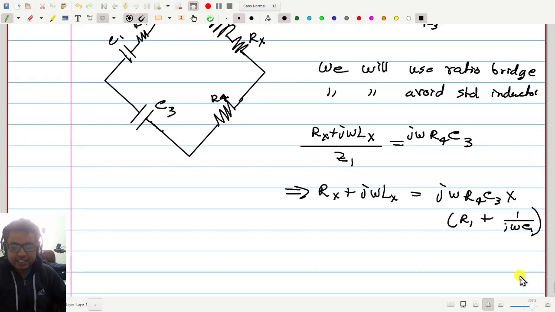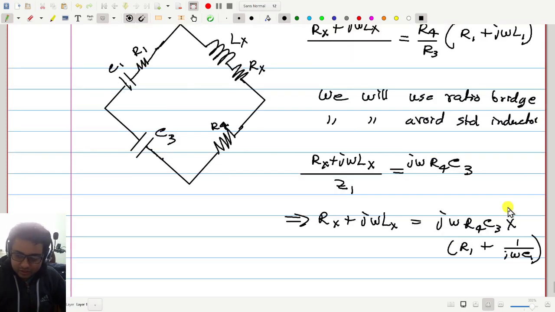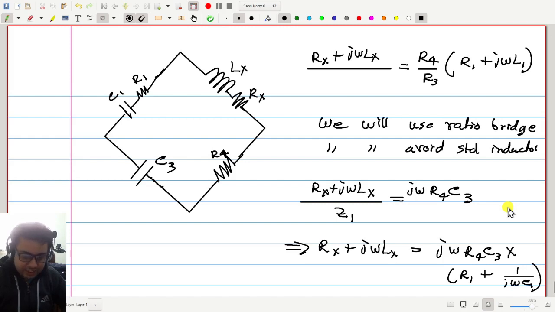Now you can easily equate the real part to real part and imaginary part to imaginary part. I think this bridge also has a name. If I am not mistaken, this is probably called Wien bridge. Let me not write it. We need not remember these names.